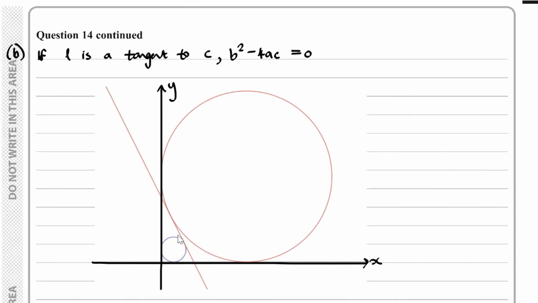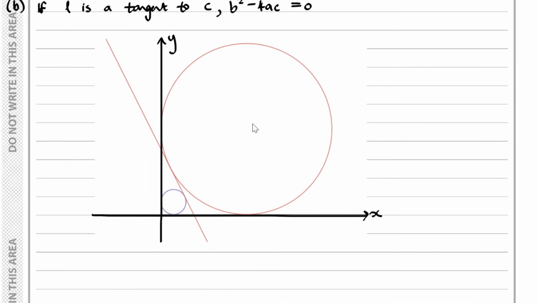So we've got two possible situations. We've got a circle here or a circle here. And we've got this tangent over here, okay? So that's basically what the question's saying. There's two possibilities of r. We can either have r over here like this.